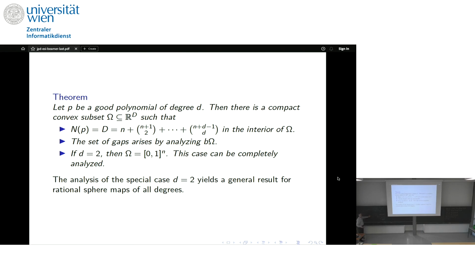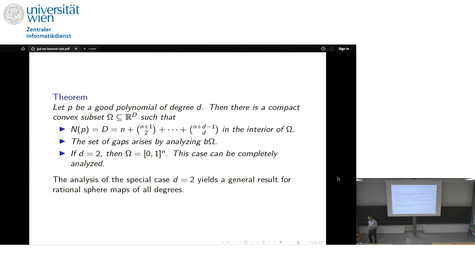In the interior of this set, there are lots of terms. The maximum terms possible for something of degree D that takes 0 to 0, that's what that slide is saying. And in order to analyze the gaps, what do you have to do? In principle, you have to do the combinatorics of looking at every boundary point and seeing what happens. And this is pretty brutal.